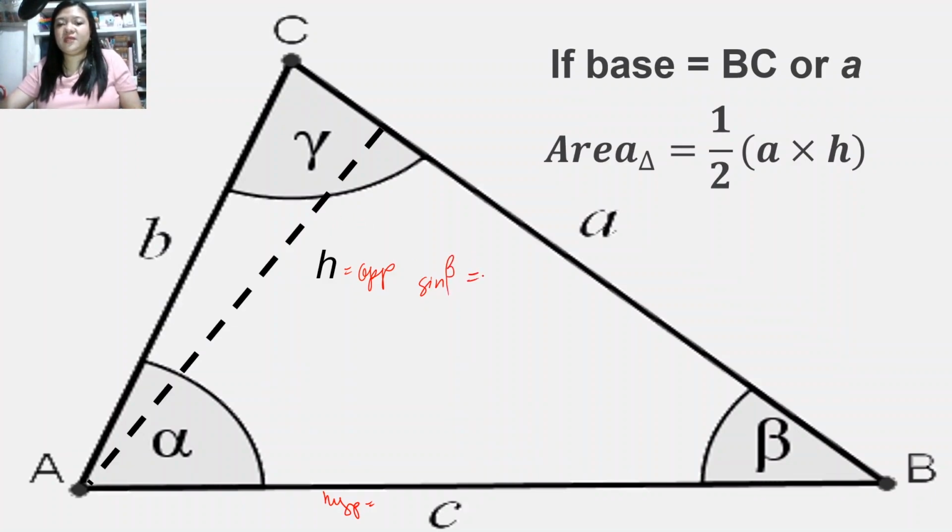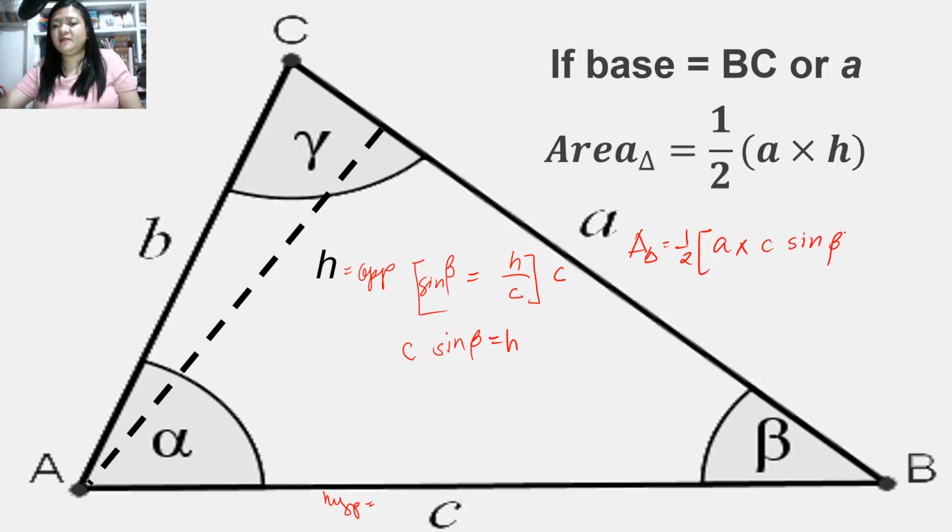So sine beta is equal to H divided by the hypotenuse C. Multiply both sides by C, so we have C times sine beta, which is equal to H. So the area of the triangle will be equal to 1/2 times A times C sine beta. So area of this triangle is 1/2 AC sine beta.